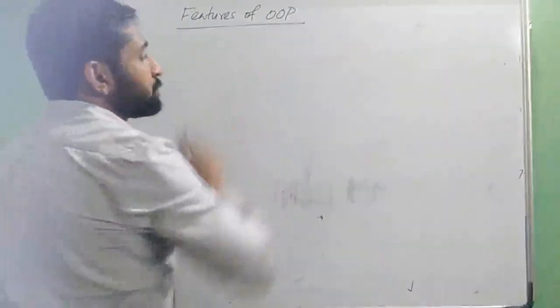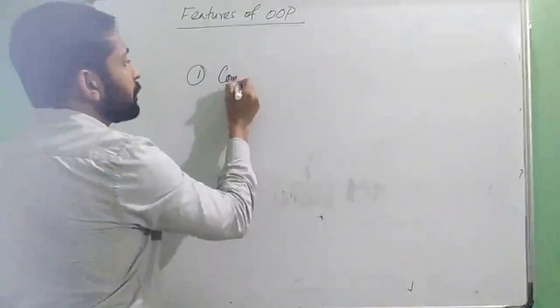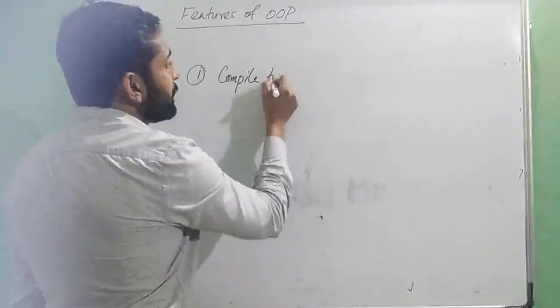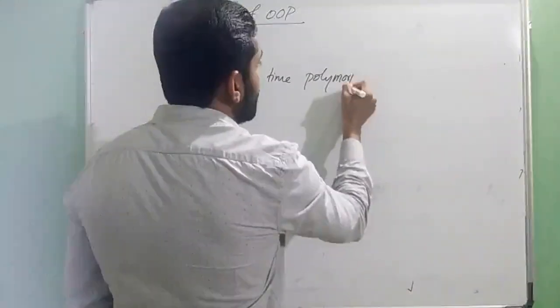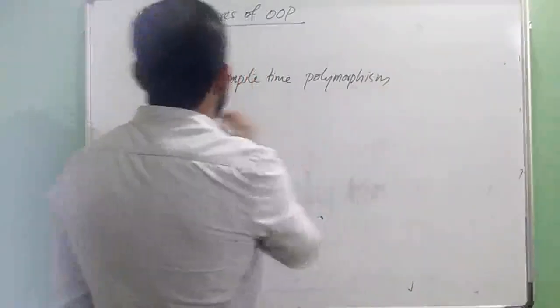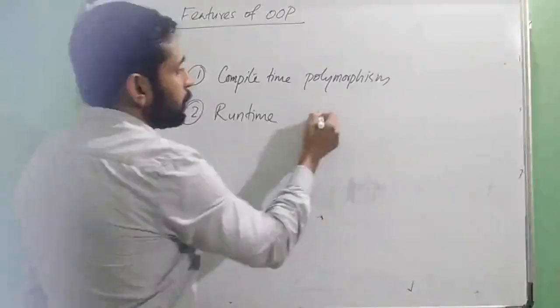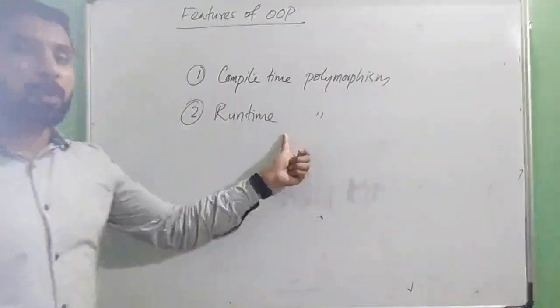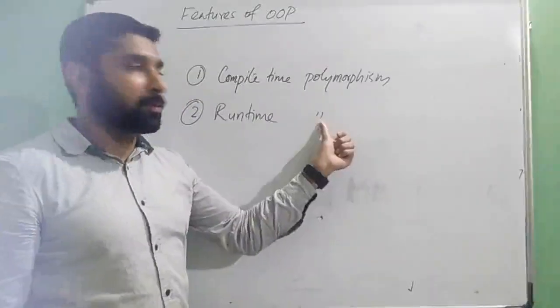Now we have two types of polymorphism. One is called compile time polymorphism, and the second one is runtime polymorphism.